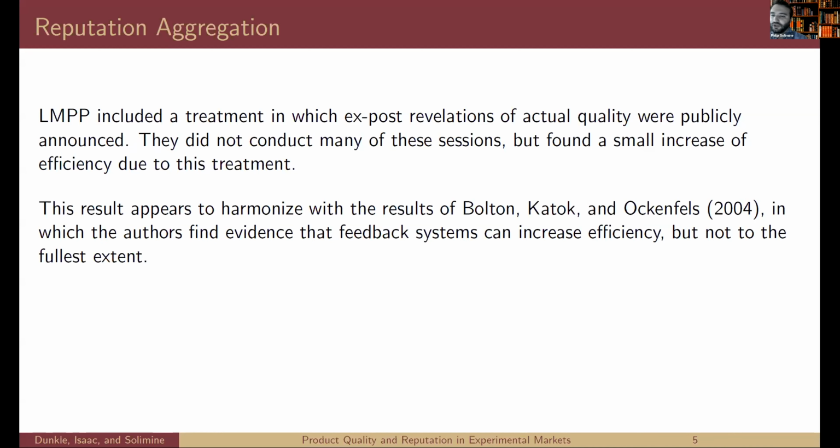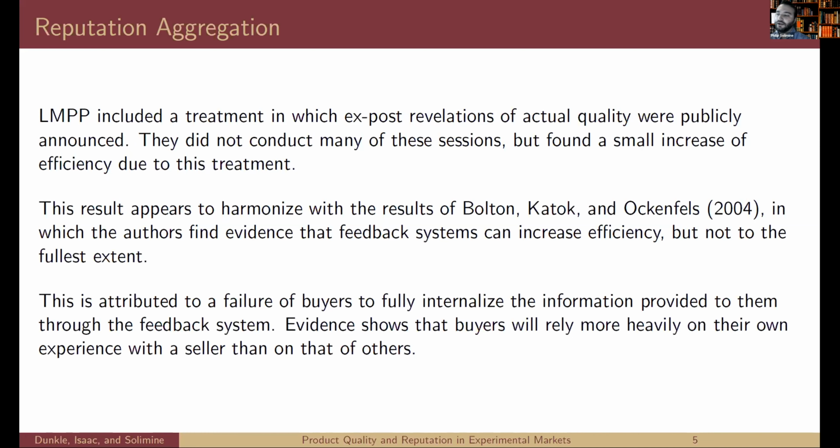And this harmonizes pretty well with papers like Bolton, Katok, and Ockenfels, in which the authors find evidence that feedback systems or reputation aggregation systems can increase efficiency, but not to the fullest extent, which they attribute to a failure of the buyers to fully internalize the information provided to them through the feedback system from other buyers. So evidence shows that buyers will rely more heavily on their own experience with the seller than on that of others. And so that's one of the things that we'll be looking for.